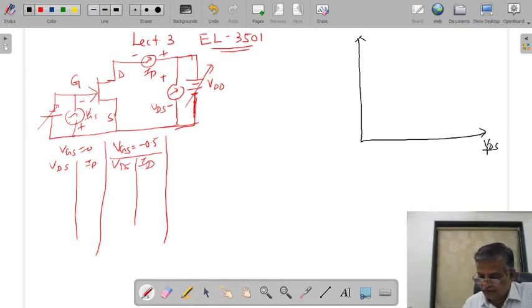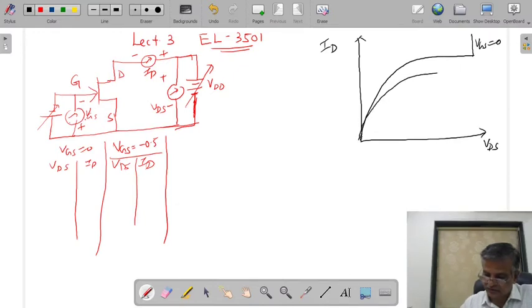If you plot the drain current versus drain source voltage, you will get such a graph. This is for VGS 0, we have already discussed. This is for VGS minus 0.5 volt.